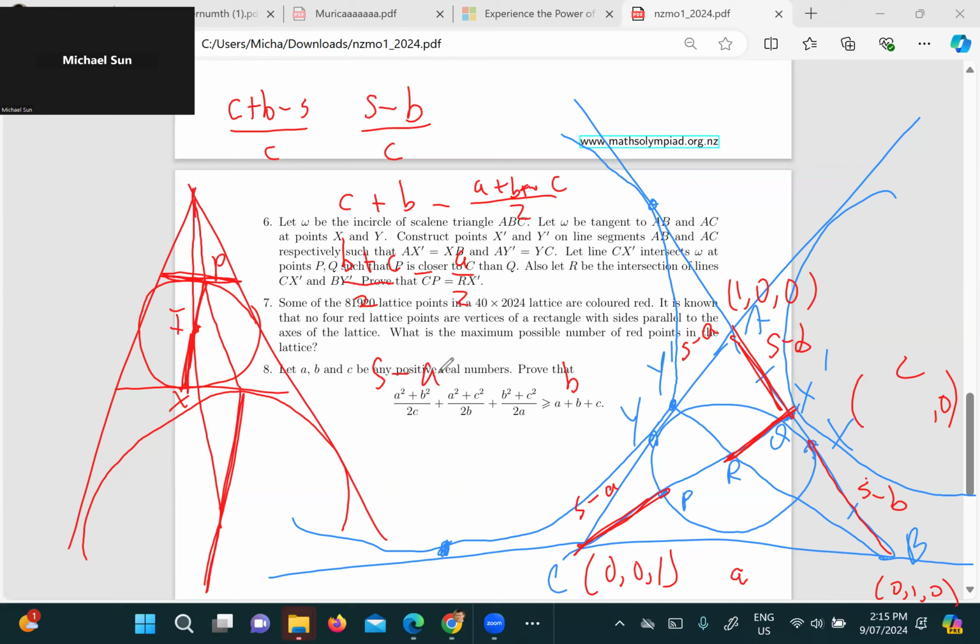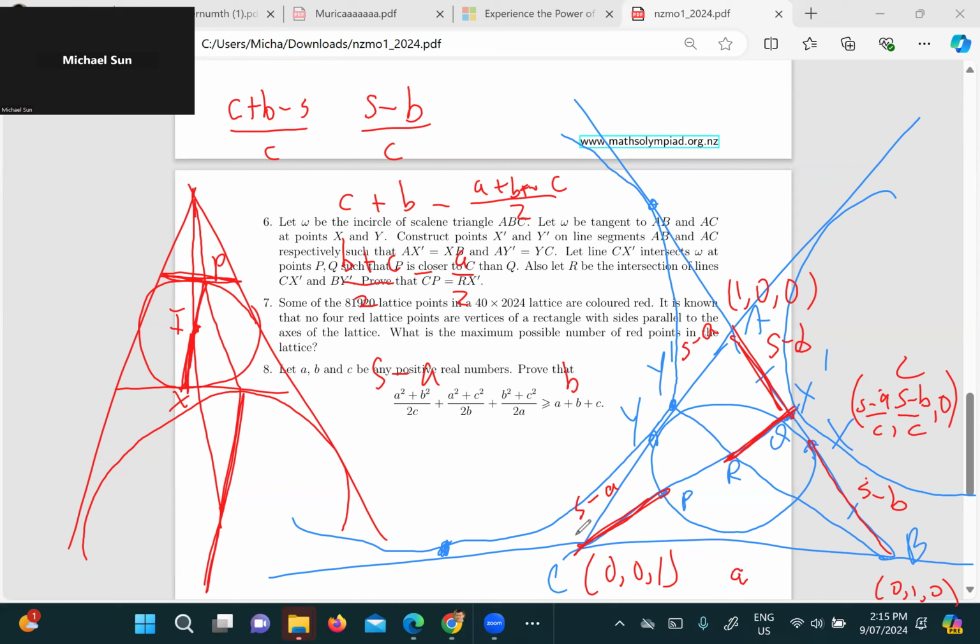Okay, you're right. So it's S minus B on C, S minus A on C. Oh, that's kind of nice. So if that's S minus A, what's this one then?